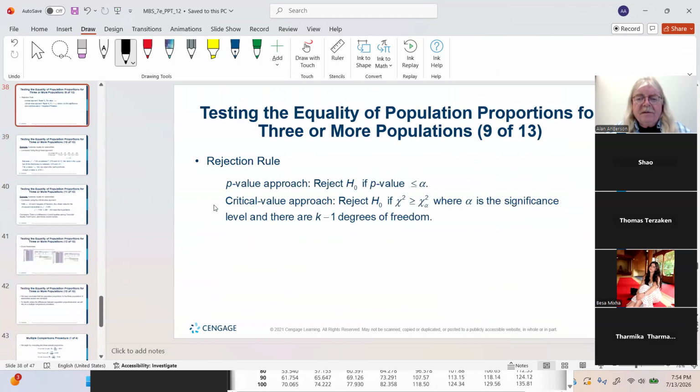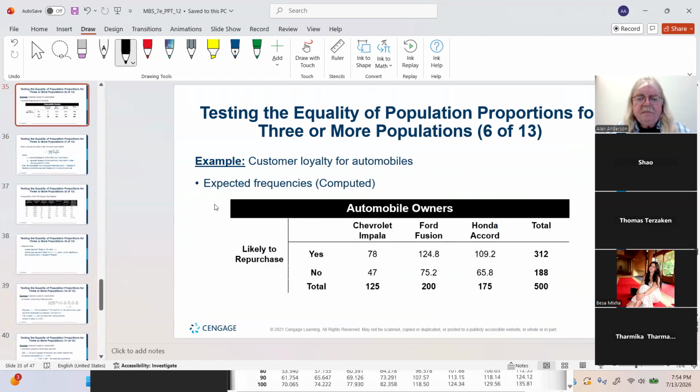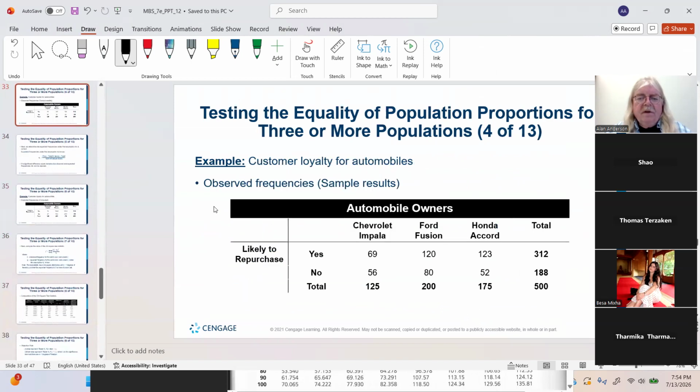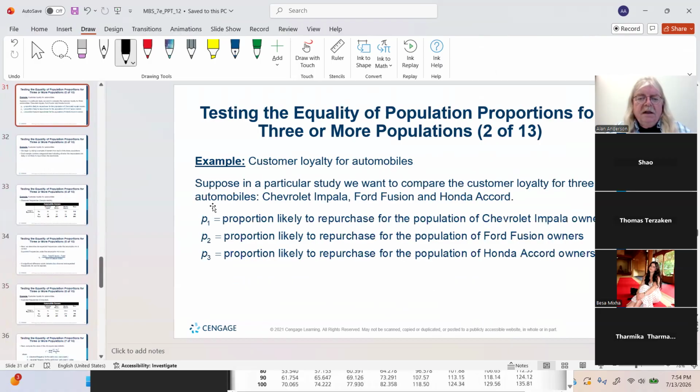All right, so what's happening here? We've got three proportions. So remember, this book uses P as a population proportion. P with a little bar over it means sample proportion.